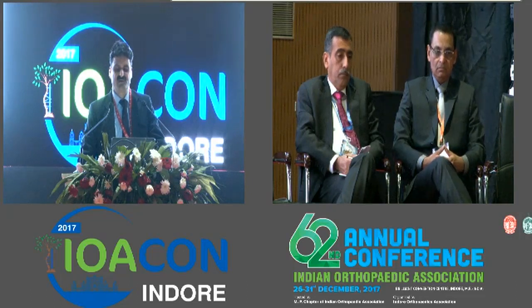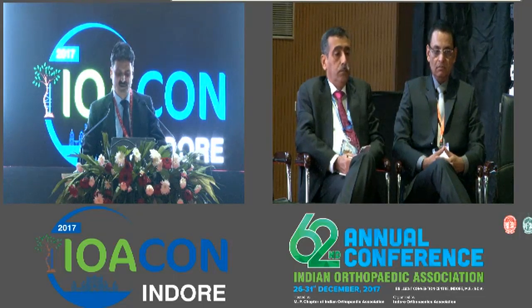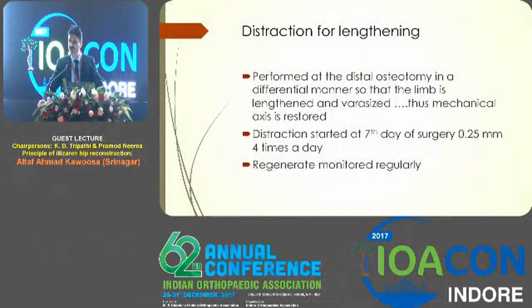I've been using this 5/8 ring in most of the patients now. Here a dummy ring, one arch and another arch. It's a lightweight construct. Once we are done with this, we wait for 7 days as usual, then perform the lengthening at the distal osteotomy in a differential manner so that the limb is lengthened and varized. The mechanical axis thus is restored.